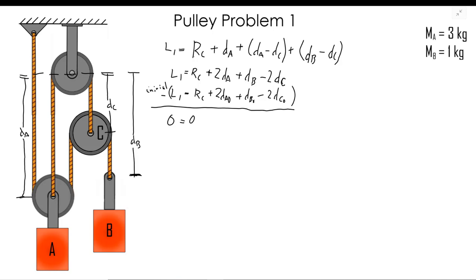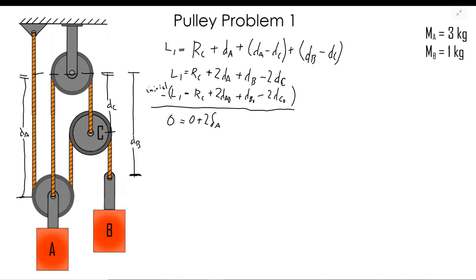That's kind of why I jumbled them all together. They're going to subtract out anyways, so they're constant. And then we're going to have 2dA minus 2dA naught, so it's going to be 2 delta dA.